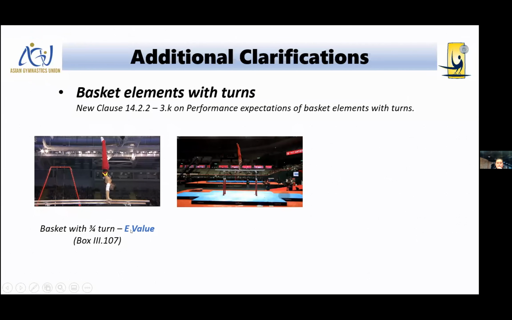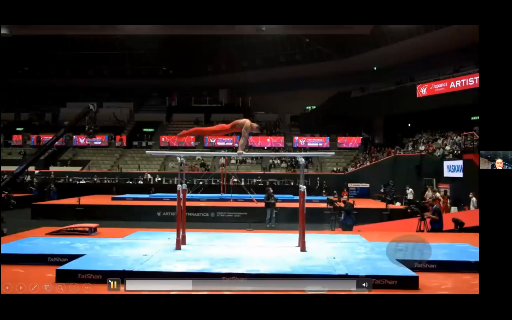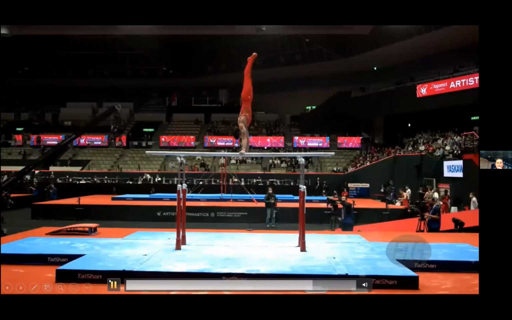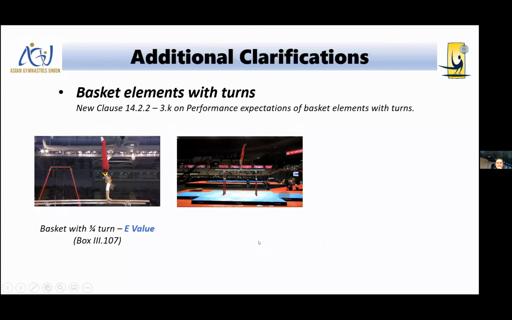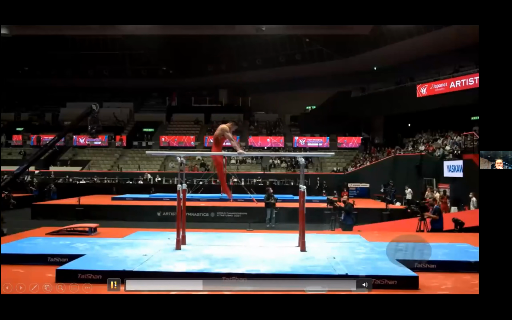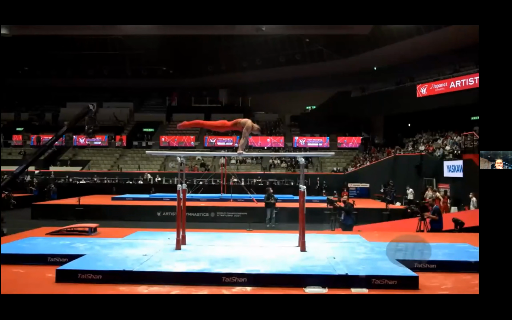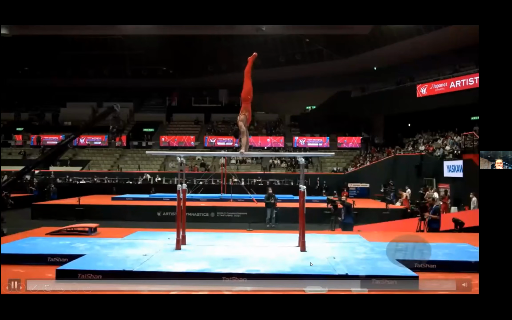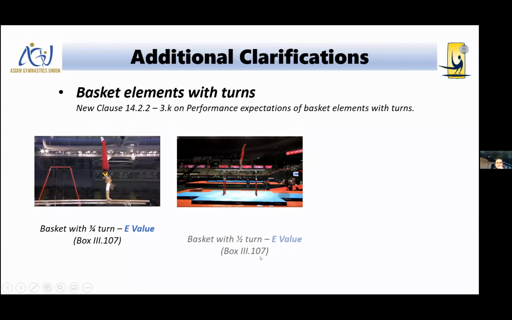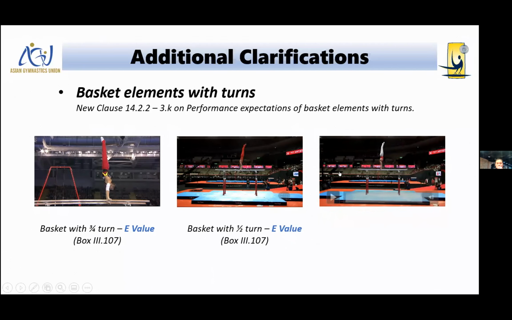It is 3/4 turns and it is E value. Next. Yeah, this is again, I'll show the video. Here you see, it's clearly a half turn. So again, no change. It is in the same box as 3/4 turn, E value. Now the next video.